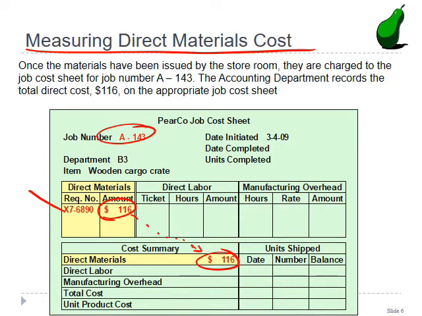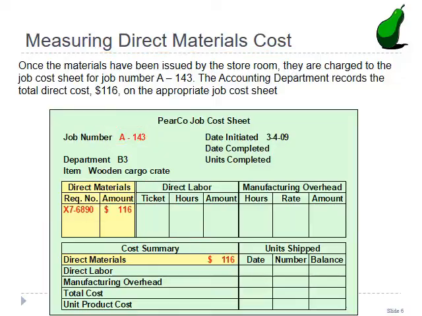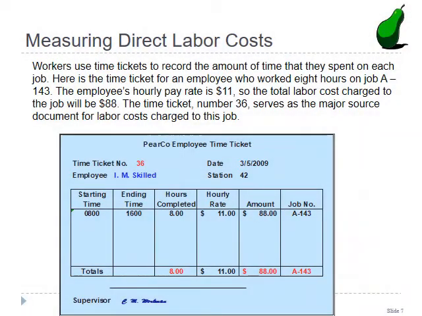The accounting department records the total direct cost of 116 on the appropriate job cost sheet. One thing to notice is that we also mention the requisition form of the material, so this coincides with our material requisition form as well, right?